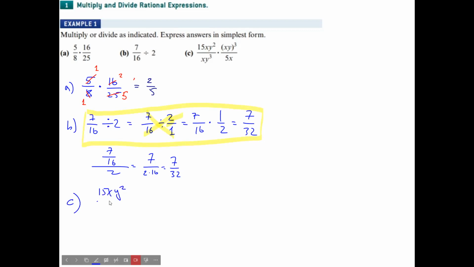Okay, C: 15xy squared times xy cubed over 5x. To start with, let's open those brackets here.